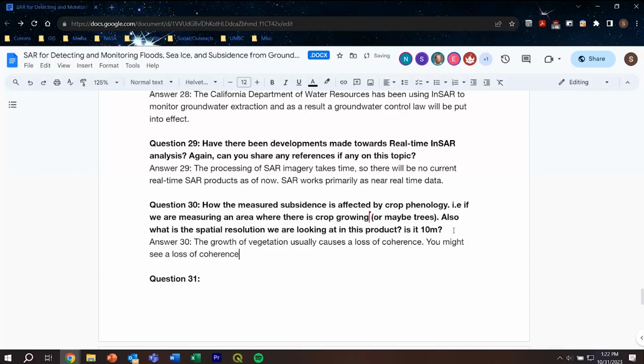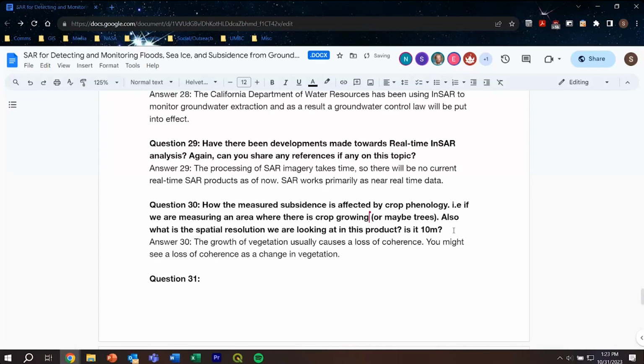Generally, that's why we use the longer radar wavelengths, so they're less sensitive to changes in the trees to get to InSAR measurements.